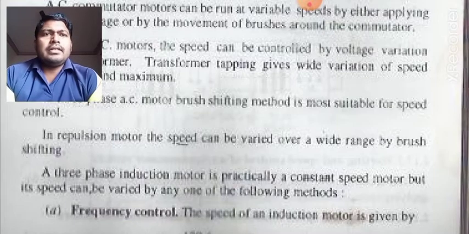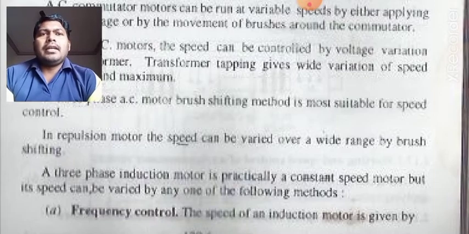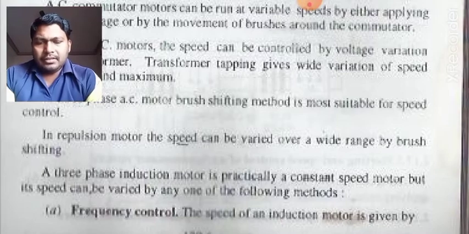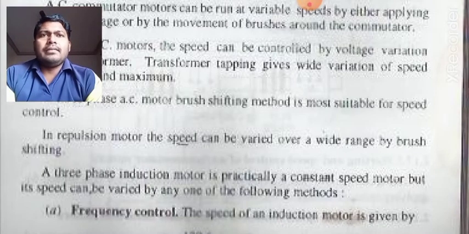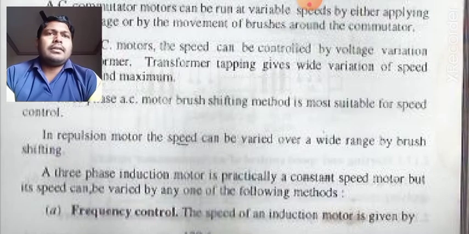A three-phase induction motor is practically a constant speed motor, but its speed can be varied by any one of the following methods. What are the methods in case of three-phase, which is very vital as far as industries are concerned, because in industries they deal with three-phase motors, so they have to govern and control their speed.